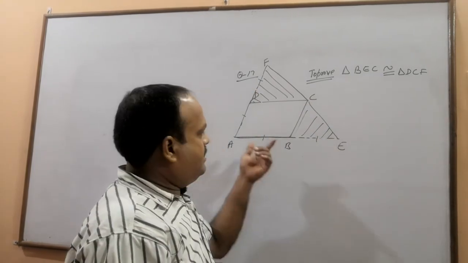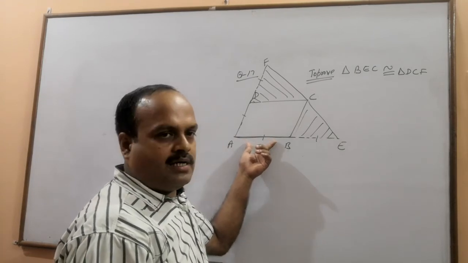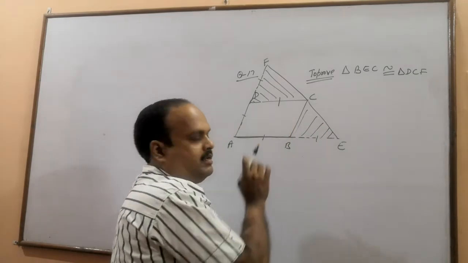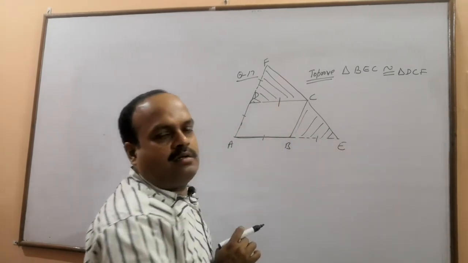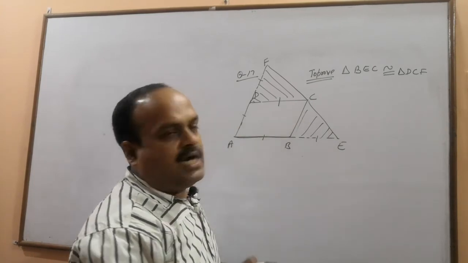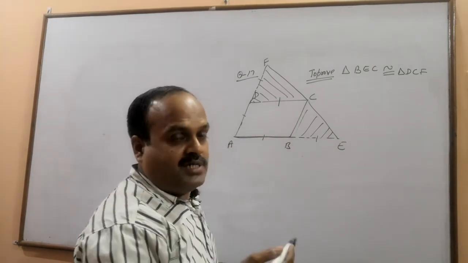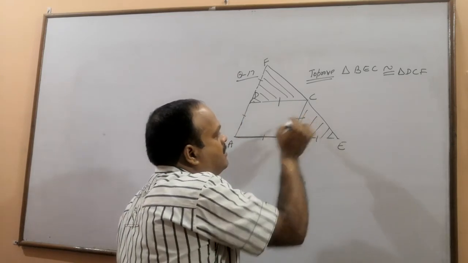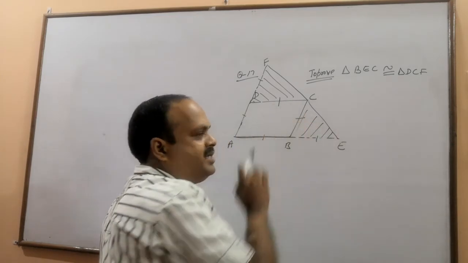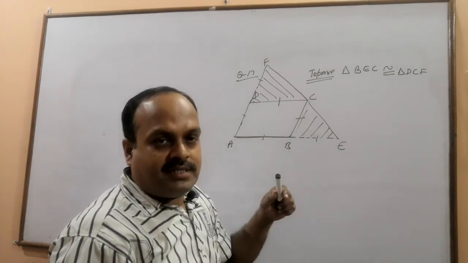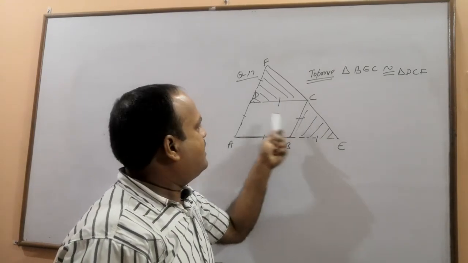So AB and DC are equal. I mark with this symbol. AD and BC are equal. Opposite sides of parallelogram are equal. AD equals to BC, AB equals to DC, because opposite sides of parallelogram are equal.